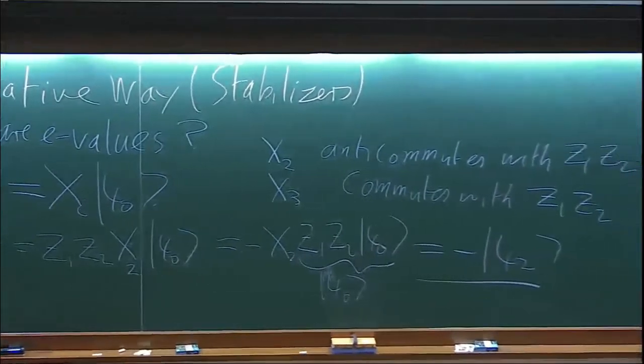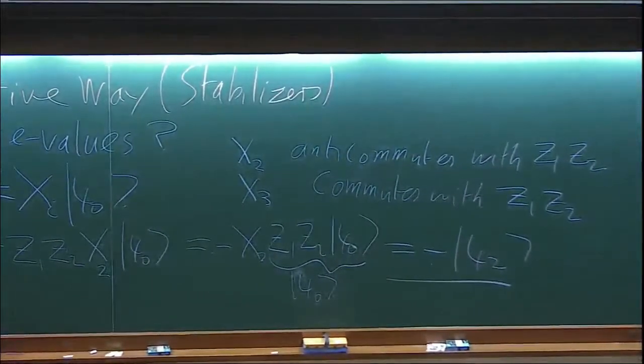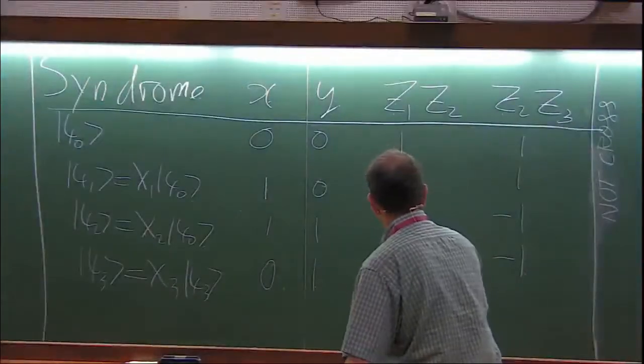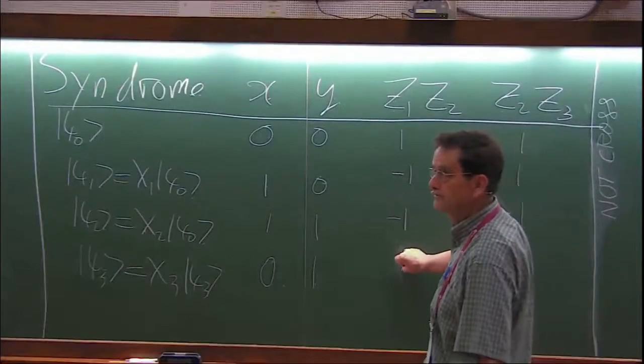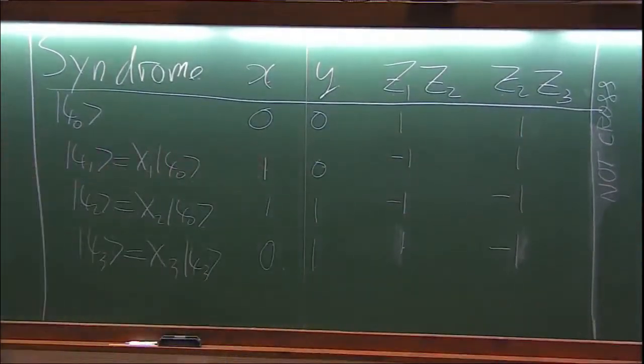There's no anti-commutation. So for X3, the eigenvalue is 1. Okay.